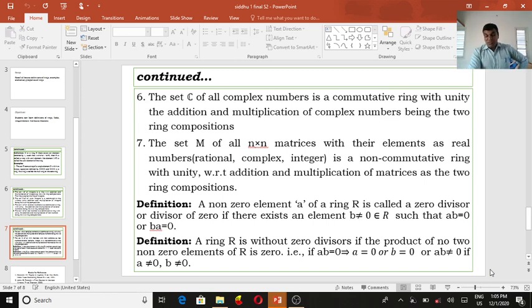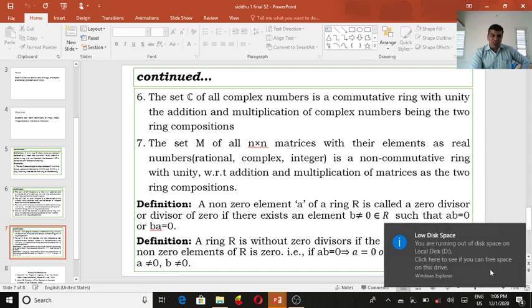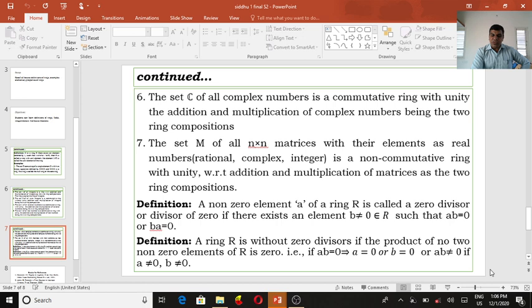Here we know the sum of two complex numbers is a complex number, the product is a complex number, the division is a complex number, the difference is a complex number. So 0 is there. 0 can be written as 0 plus i into 0, and 1 can be written as 1 plus i into 0. So the additive identity is there, the multiplicative identity is there.